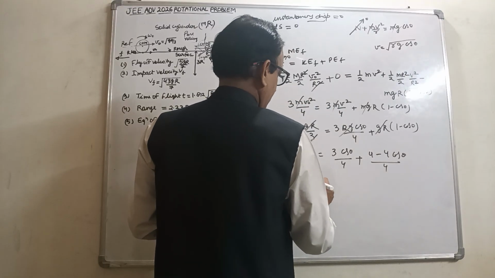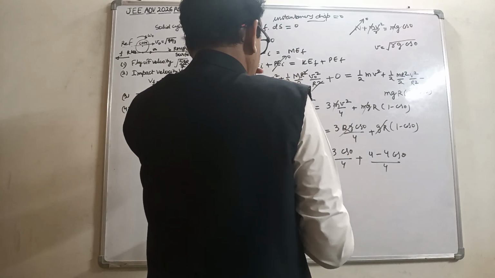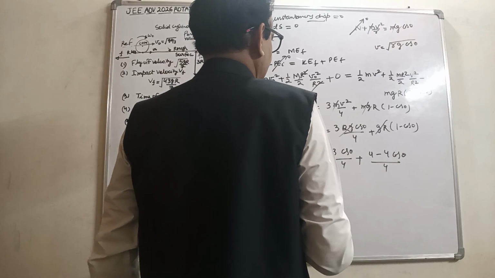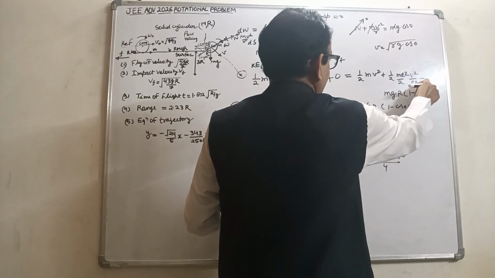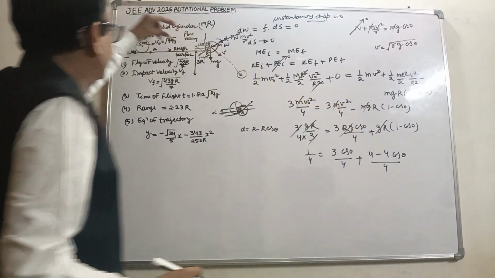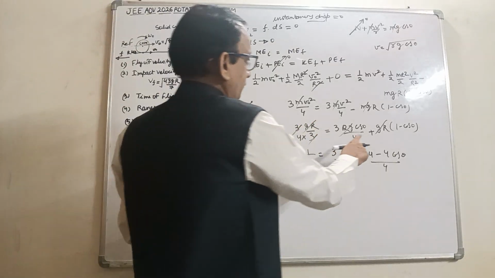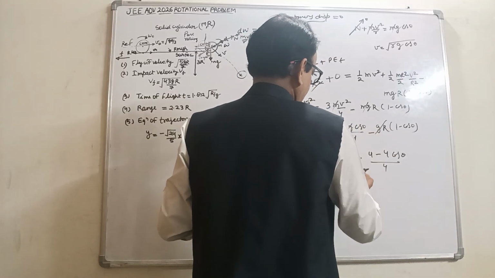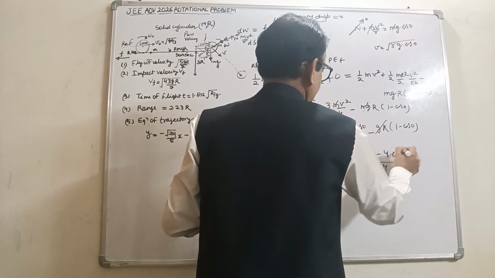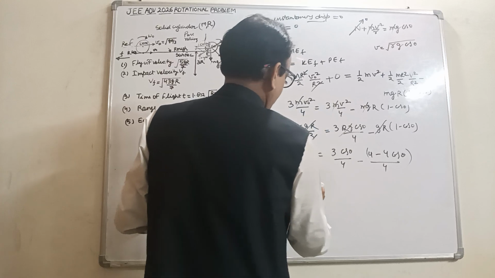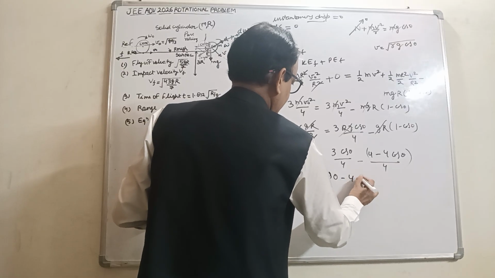Sorry, this is minus because the potential energy change is in the minus j direction, so this term becomes minus. So solving, 1 minus 1 is equal to 3 cos theta minus 4 plus 4 cos theta.